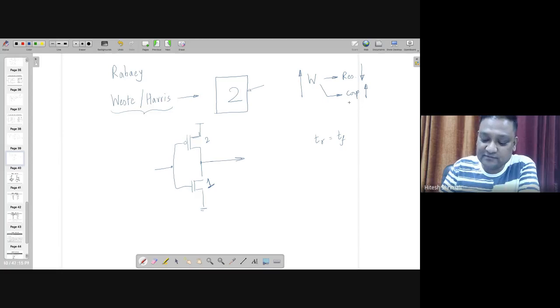So as you are increasing W, the resistance is decreasing, but capacitance is increasing. So you need to find the trade-off so that this RC time constant is the one which you want.